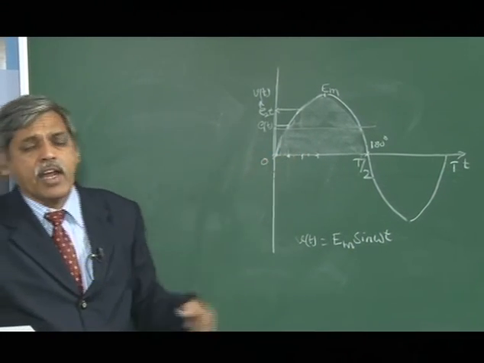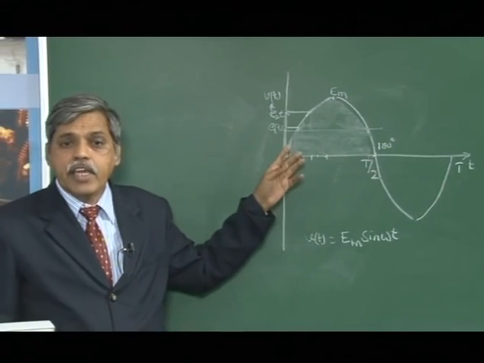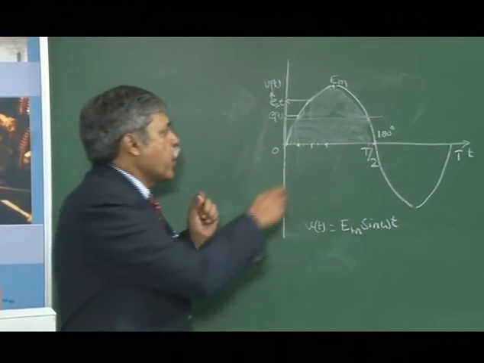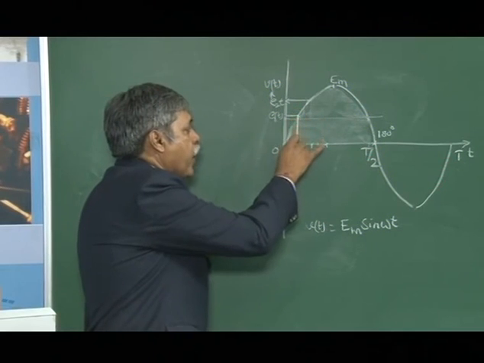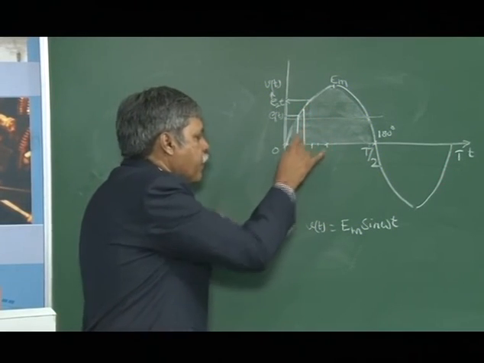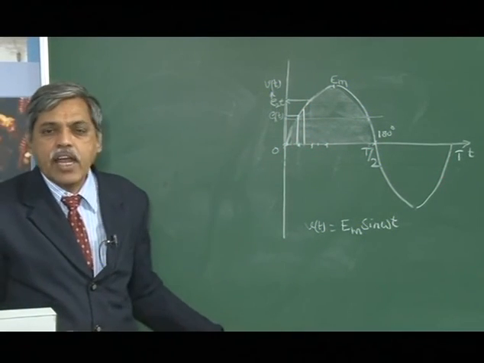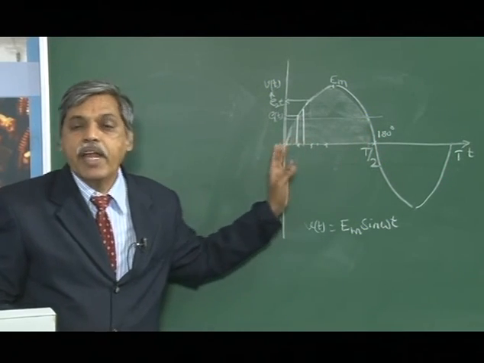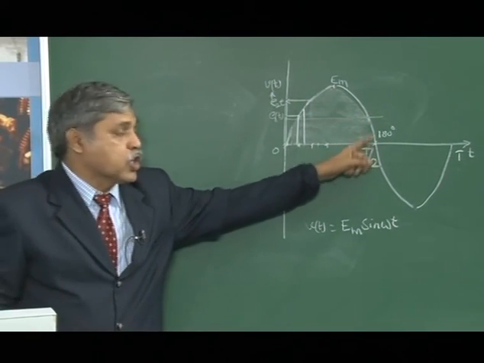So I can use an analytical method to calculate the area of the curve. By that concept, I consider one small elemental strip, calculate its area, and then integrate it. So I get the area under the total positive half cycle.